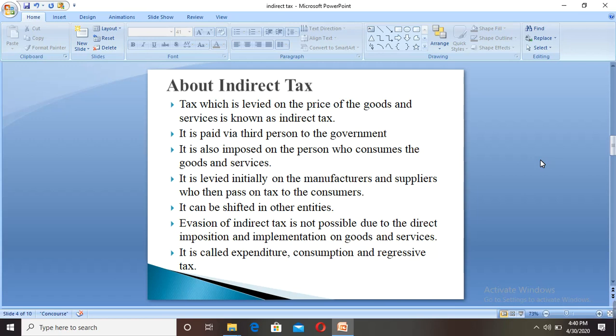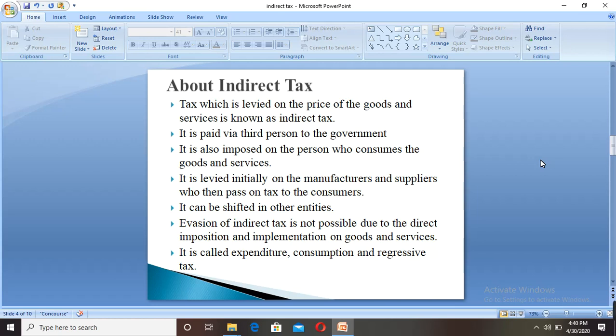Expenditure tax, in the sense that those who purchase goods are imposed by indirect tax or are levied by indirect tax. So it can be shifted to other entities.